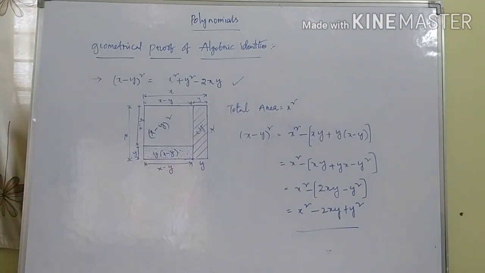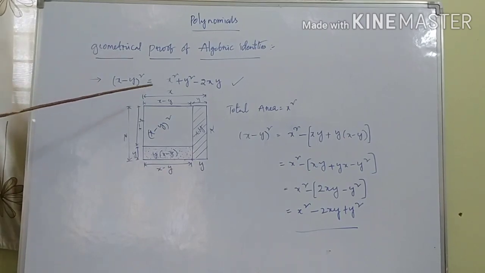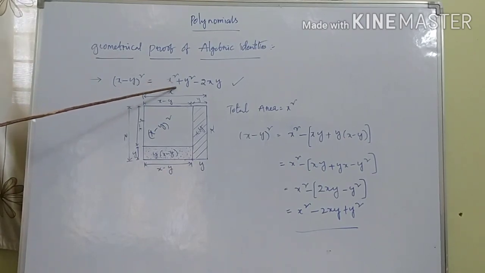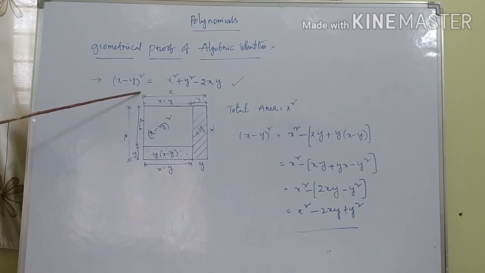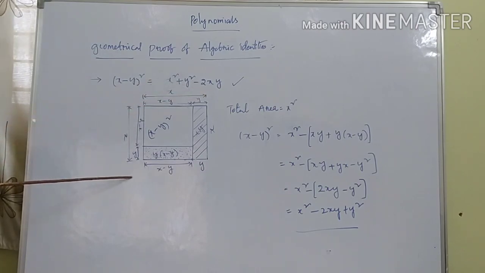So our next geometrical proof of an algebraic identity is (x − y) whole square, which is equal to x² + y² − 2xy. Here we draw a square with side length x. So this is also x.